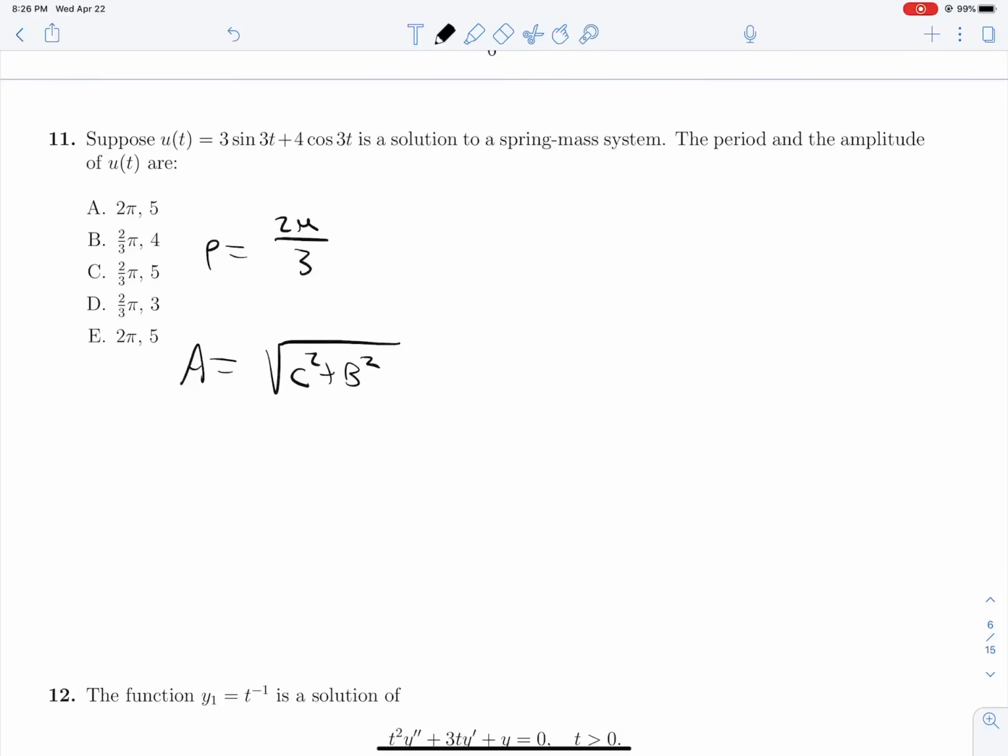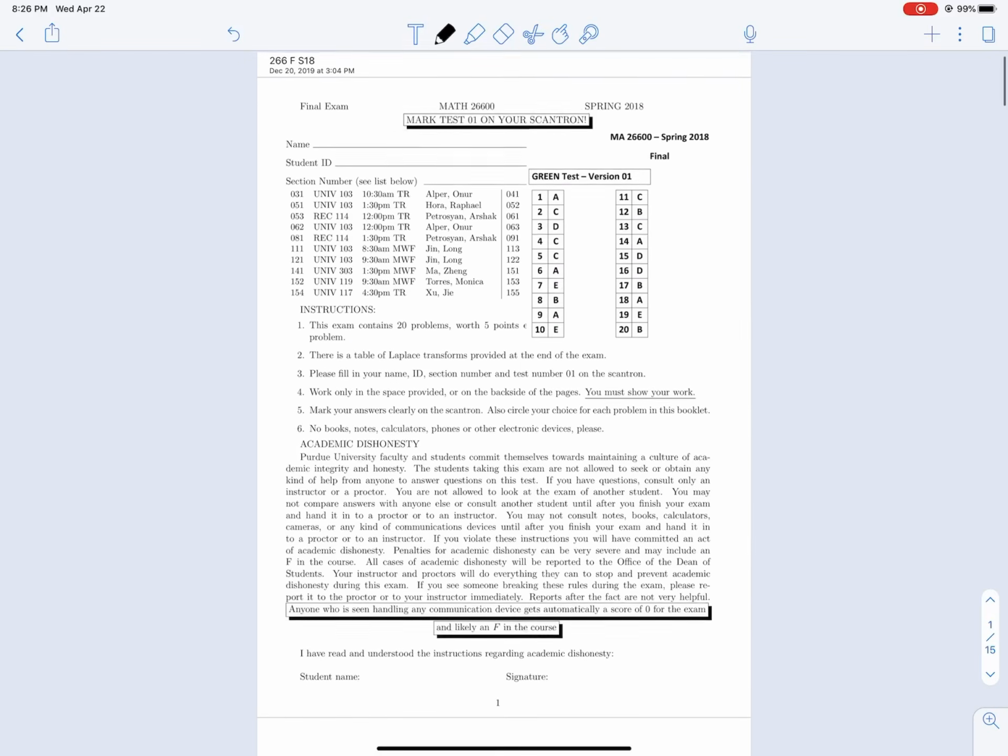And I bet that bugs some of you, but that's fine. C squared plus b squared, where we'll call this term in front of sine c, and this one b. You could also just recognize that 3 and 4, if you're into really cutting little bits of time off your exam, is a Pythagorean triple, so we'll get 9 plus 16, so 5, and our answer is C. 11 is C.